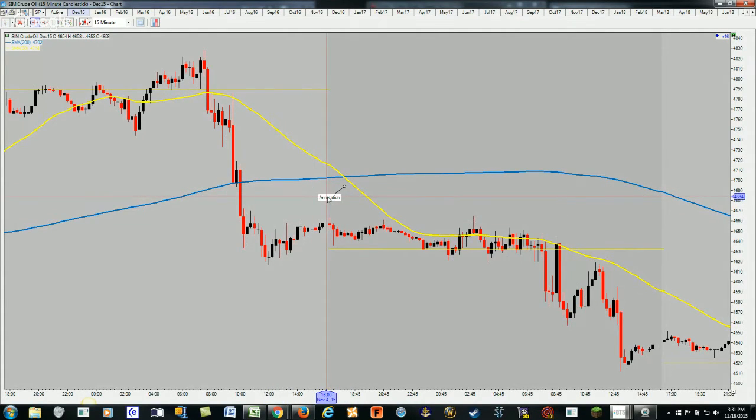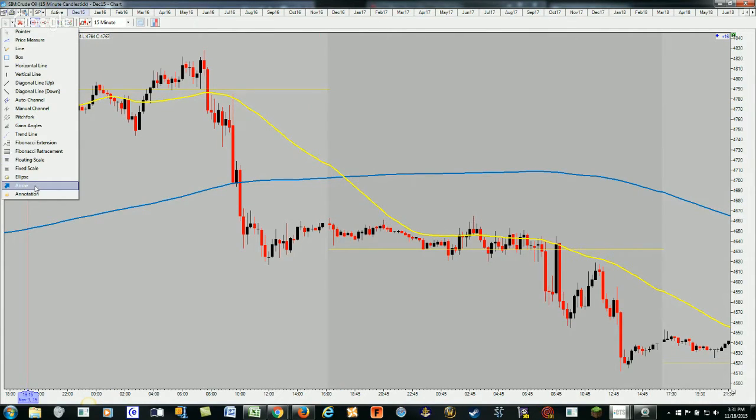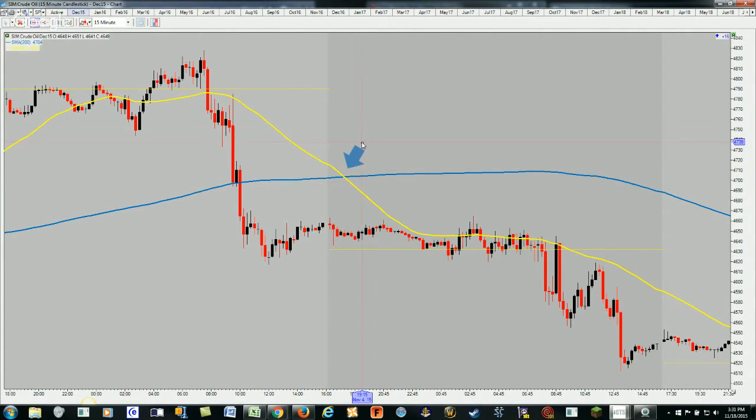I want an arrow. So all of a sudden, right in this area is where we see the market moving underneath. Now this day is November 4th. So now we see the 15-minute chart is showing the downtrend here on November 4th.